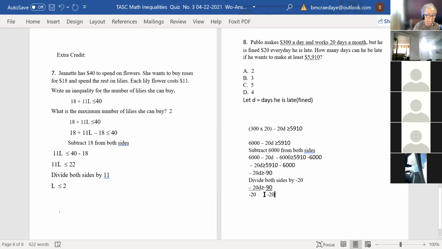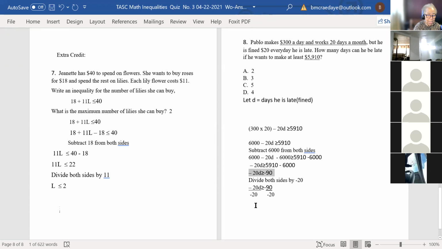Okay, what do you get on the left side? Minus 20 divided by minus 20, Alba. That's 1. So we'll have what? Just copy this and you tell me what to write.